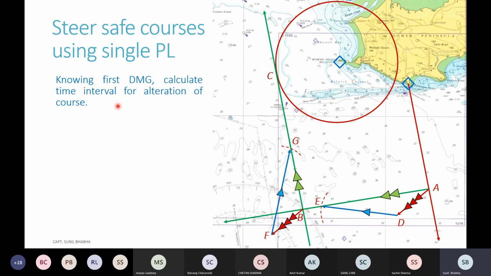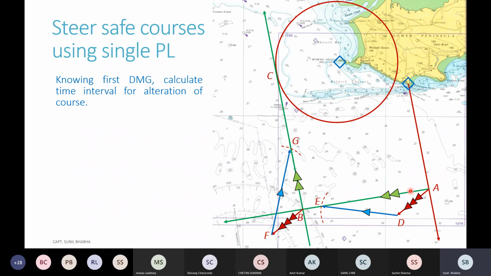Now, the second thing which we were required to find out was what should be the time for alteration. To find out the time for alteration, we know that when we are on our first course, we have to cover a distance equal to AB, Alpha Bravo.